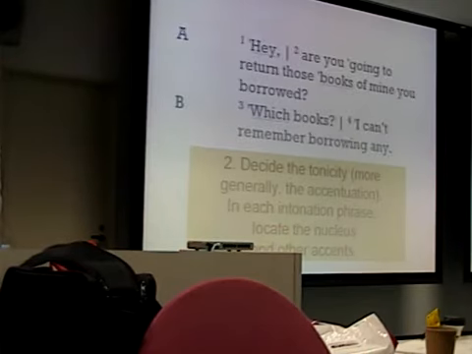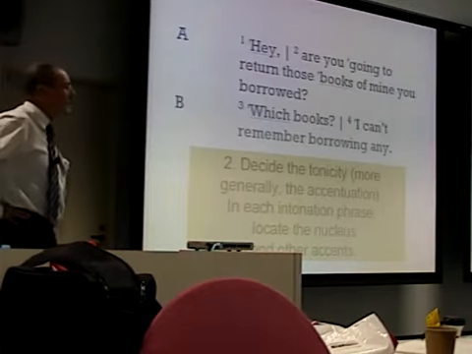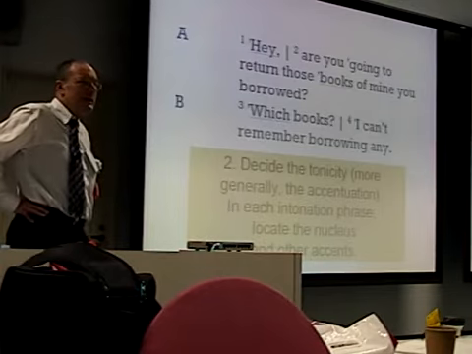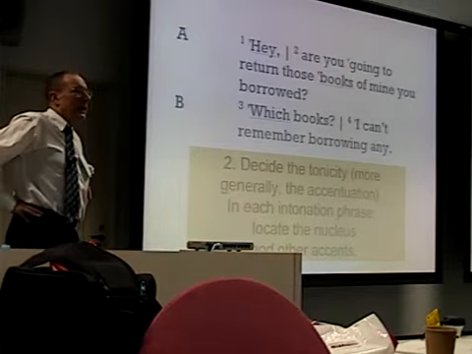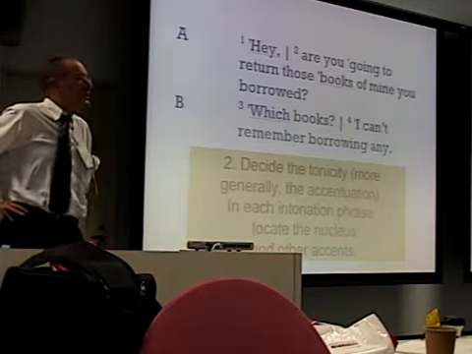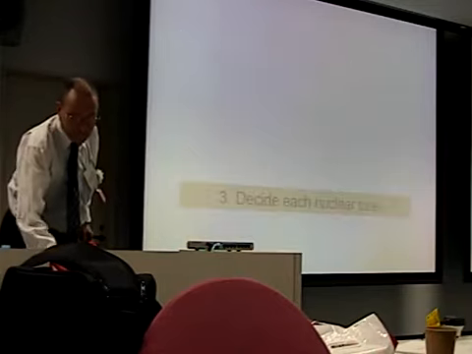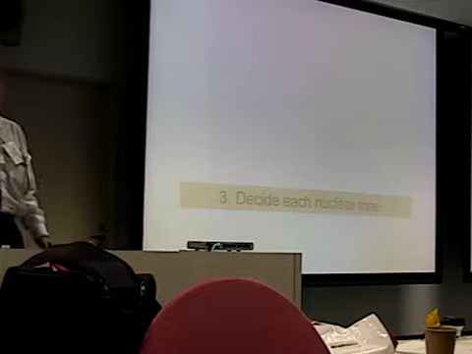So there are my suggestions for the location of the nucleus. Hey, you're going to return those books of mine you borrowed? Which books? I can't remember borrowing any. And of course I've been helping you with the third stage. What's the third stage? Choosing the tone. Decide each nuclear tone.